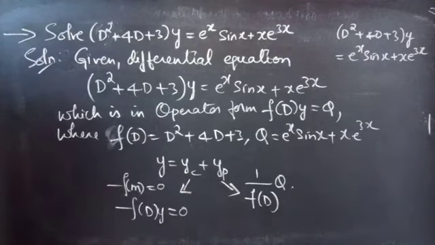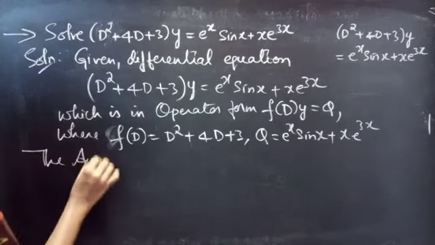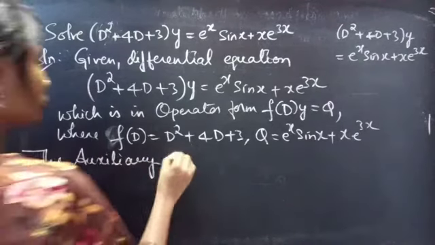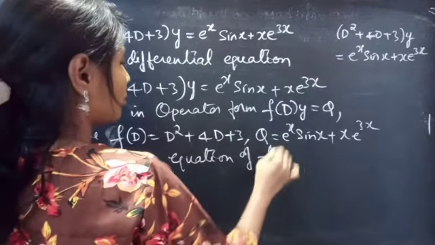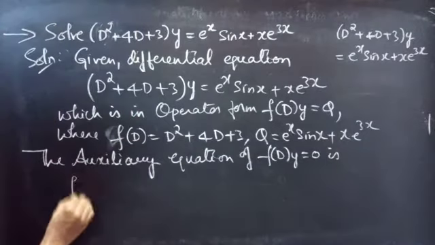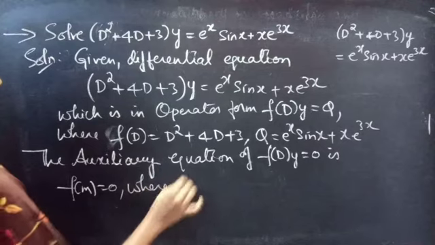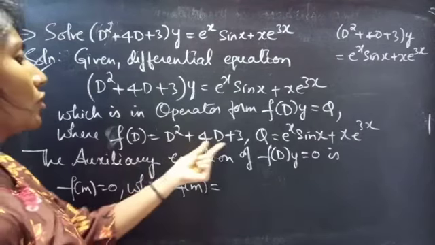We need to find the complementary function using the auxiliary equation. The auxiliary equation of F(D) y = 0 is F(m) = 0, where F(D) = D² + 4D + 3.